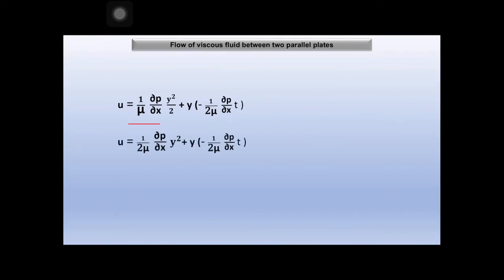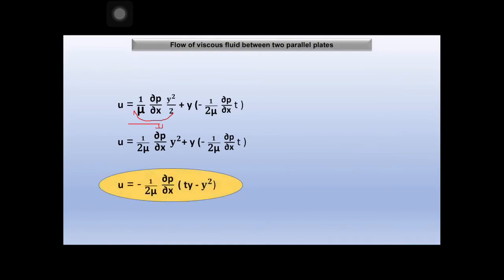So upon solving this, you can see here the 2 will multiply to this side, and the equation will become u is equal to 1 by 2 mu delta p by delta x, and this y square will come as it is too. So y square plus y into the bracket minus 1 by 2 mu delta p by delta x into t.